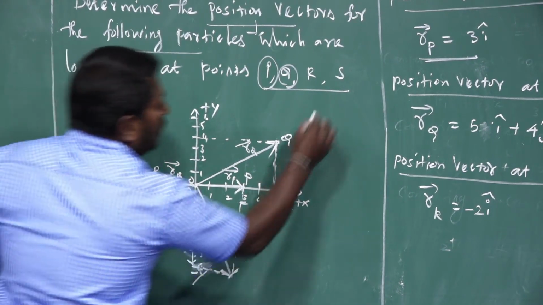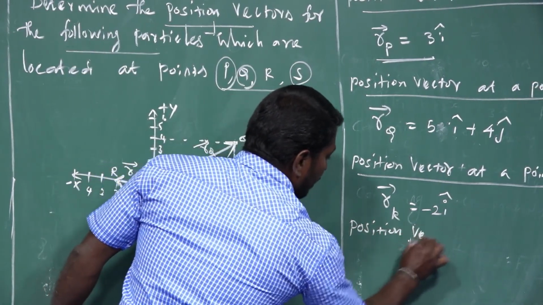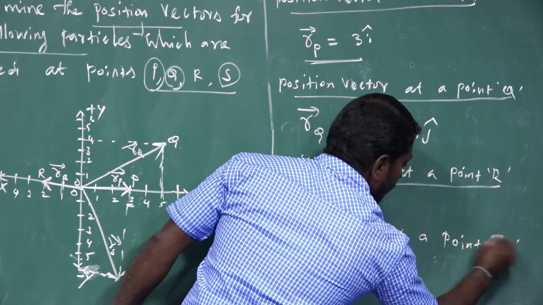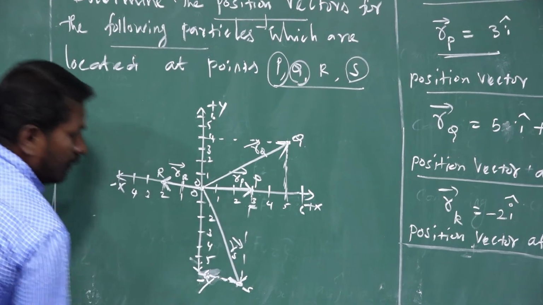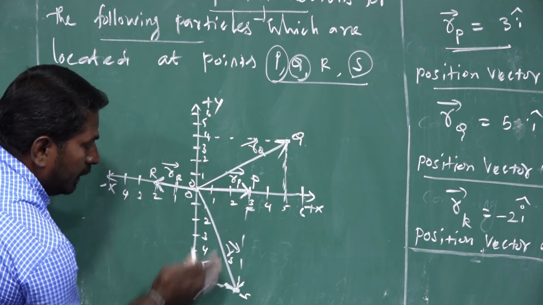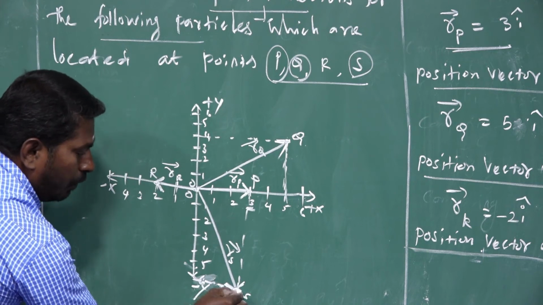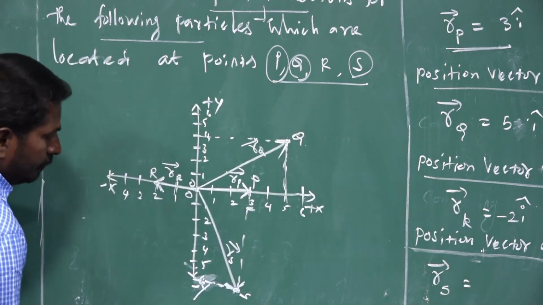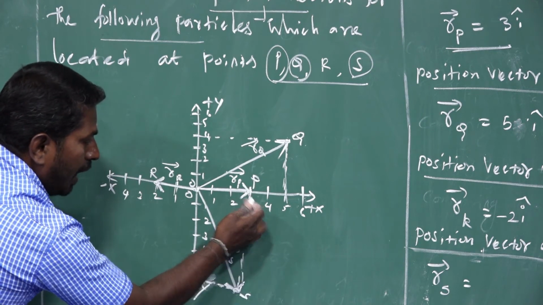The next position vector is at point S. See the point S. This point S is lying in the plane of the positive x-axis and the negative y-axis. So the position vector R at point S is equal to 1, 2, 3, so 3 i cap.